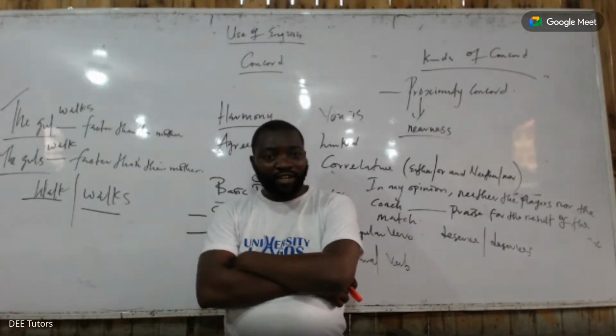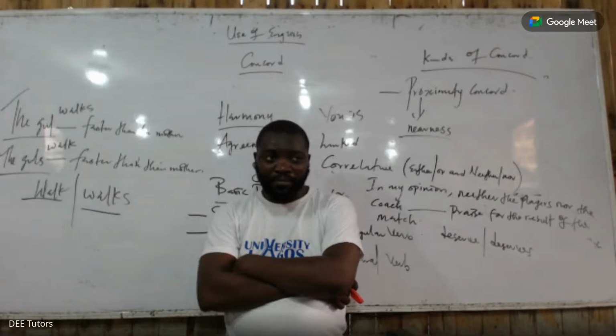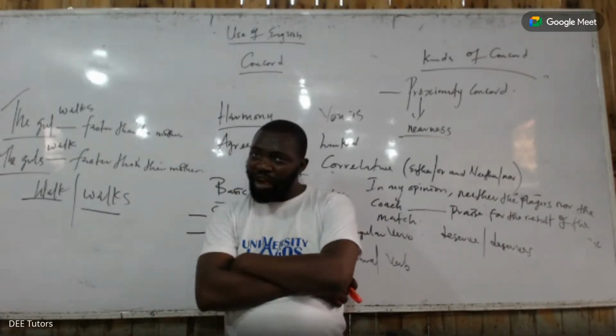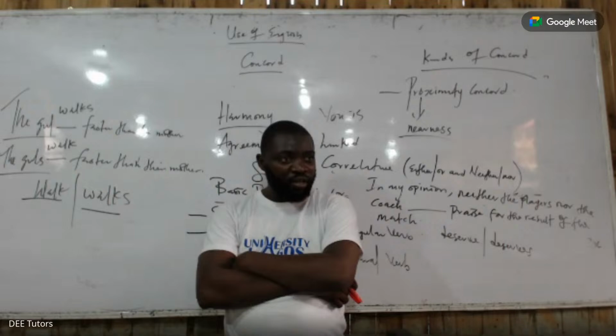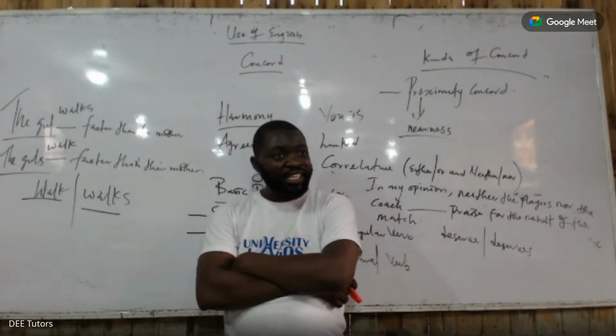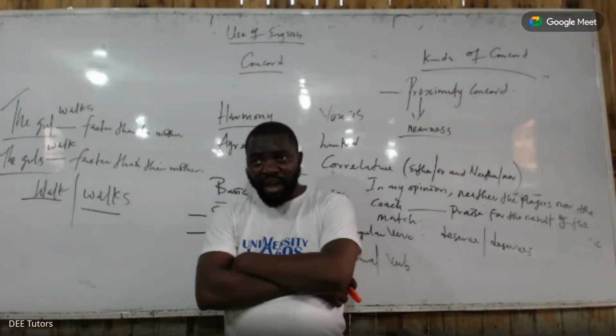Do you have any question before I proceed? No, sir. We can go to the next one. You should be able to explain what is proximity concord. Proximity concord has to do with nearness. The subject that is nearest to the verb.